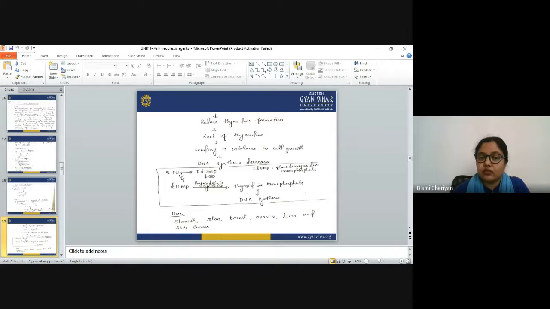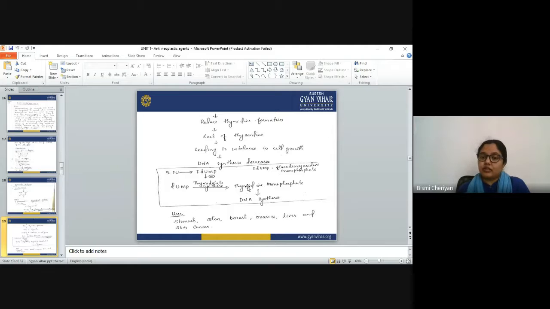And what does this anti-metabolite 5-fluorouracil do? It transfers its fluoride group into the deoxyuridine monophosphate, and this fluoridated DUMP, FDUMP, inhibits this enzyme, which is necessary for the conversion of DUMP to thymidine monophosphate.